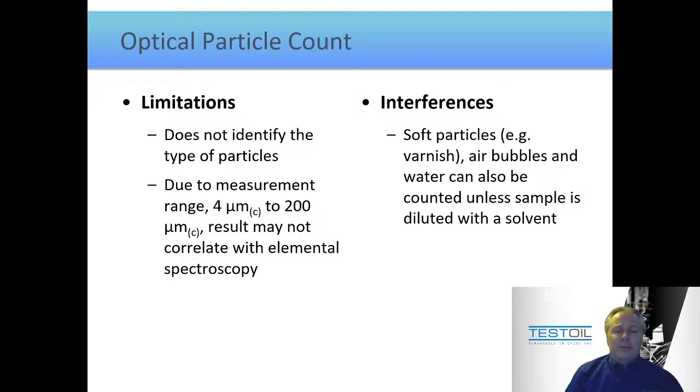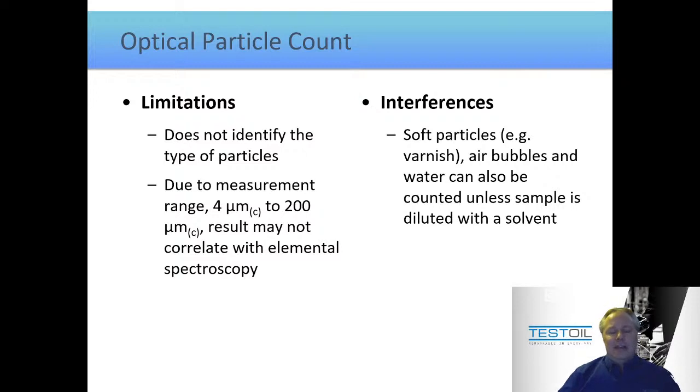So water molecules, air bubbles, and even soft contaminants like oxidation byproducts that eventually form varnish have an ability to cast shadows unless the sample has been properly treated. And typically that means it's been diluted with a solvent and then it's been degassed or vacuumed or sonicated to try and remove as many of these non-particles from the sample. Now, most labs do actually perform all these steps, but it is extra labor.